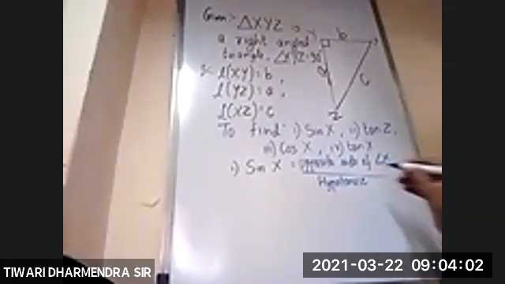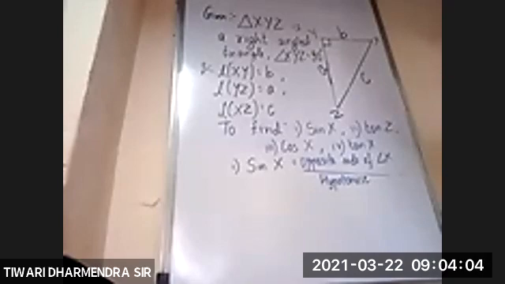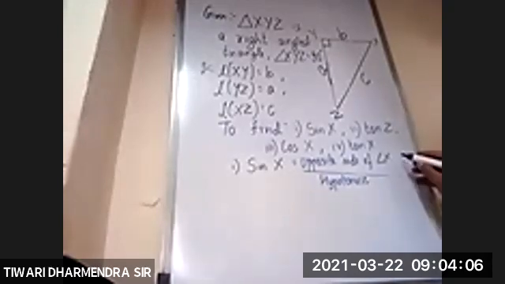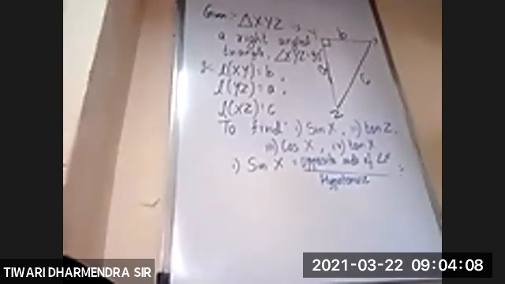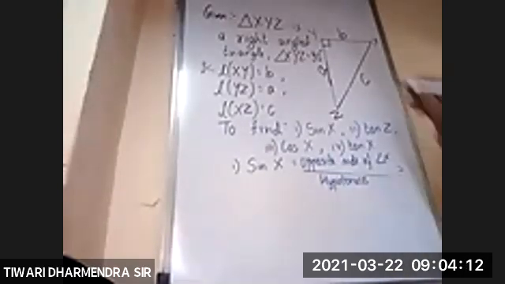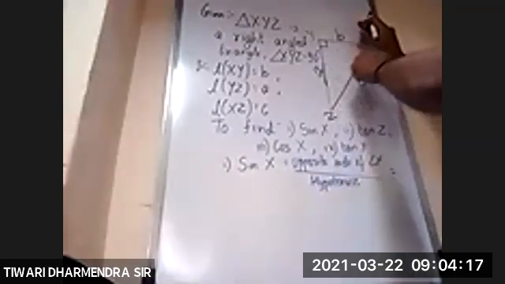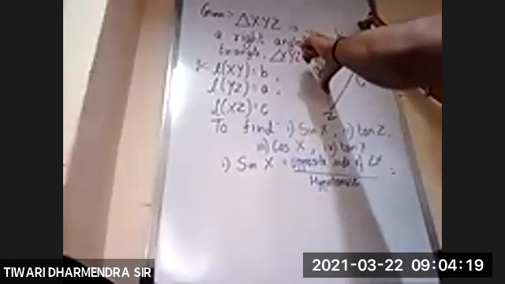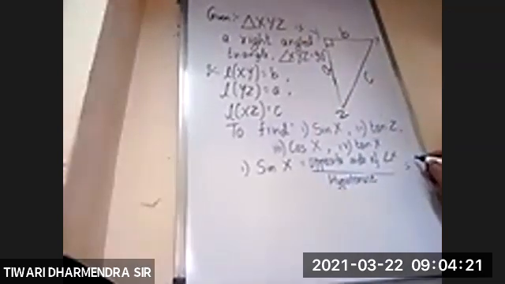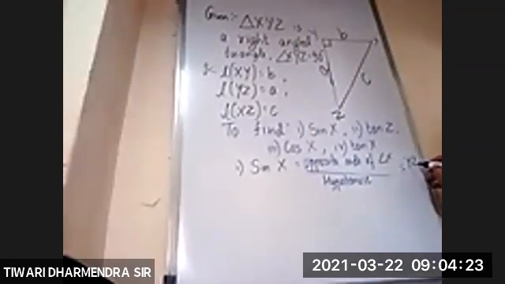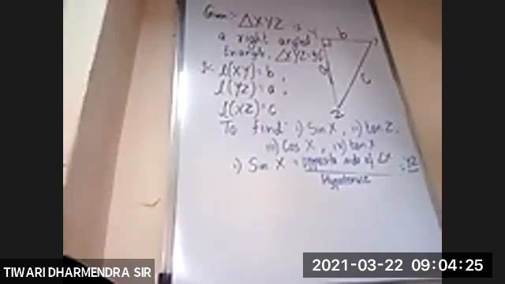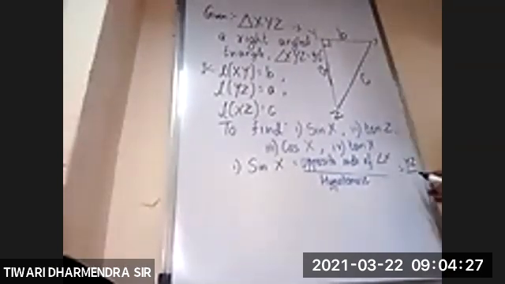As we know that the hypotenuse is fixed. So this is equal to the opposite side of angle x. X is here. So opposite to angle x, you can see who is opposite to x: YZ. So write YZ divided by the hypotenuse, XZ.